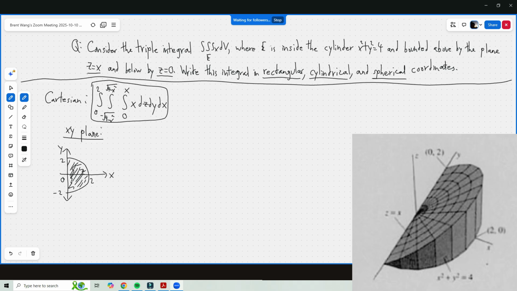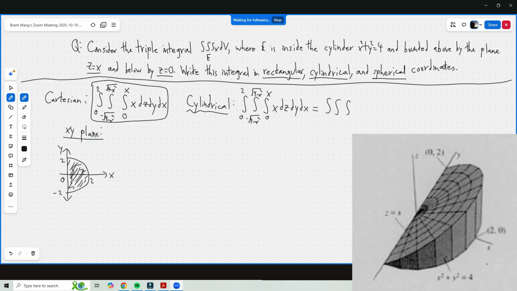Let's do cylindrical coordinates now. Cylindrical coordinates are basically like polar coordinates, but with an extra z, so nothing too bad. Let me just rewrite what I did in the Cartesian coordinates. z stays exactly the same.